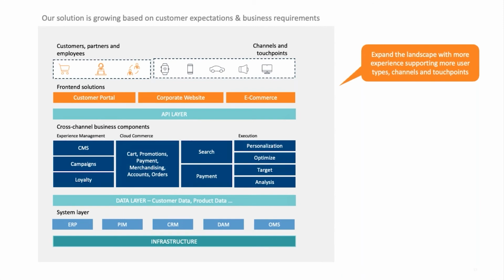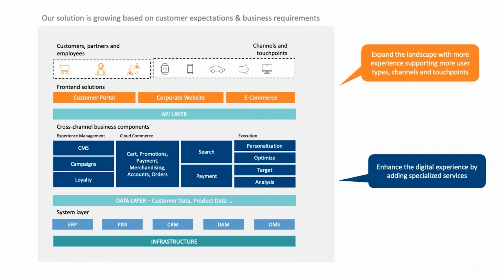That was maybe a first step, but then at a certain stage, your customers are changing, our business models are changing, we get more business requirements. We then need to expand the landscape with more experiences, supporting more user types, channels, touch points, adding more purpose-built apps like maybe a customer portal on the same framework, using the same APIs, increasing the usage and value of the underlying system.